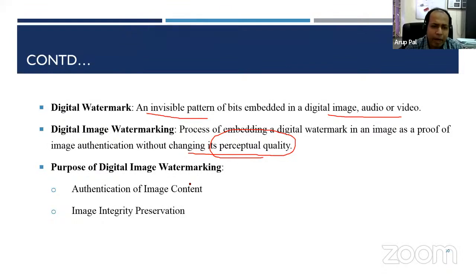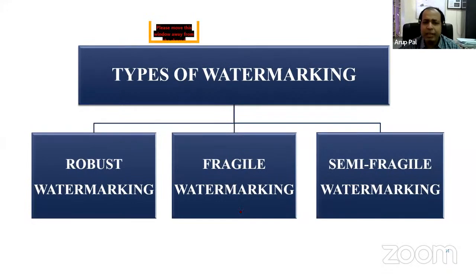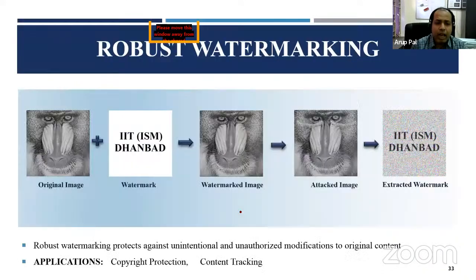So what is the purpose of digital watermarking? We can preserve the copyright, and we can also preserve the integrity, which we will discuss later. There are basically three types of watermarking applications. One is called robust watermarking. In robust watermarking, you have your original image, you have a watermark, and you simply embed it.